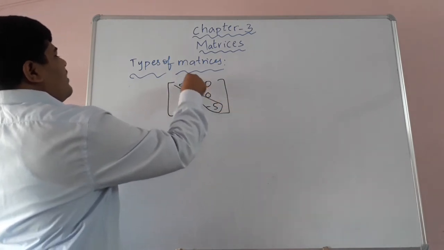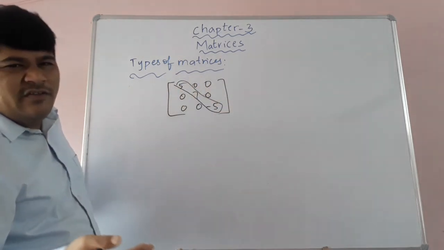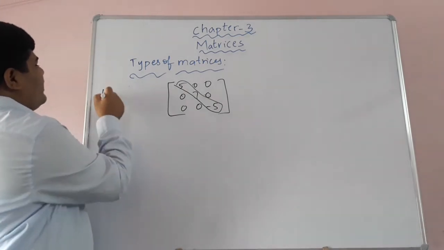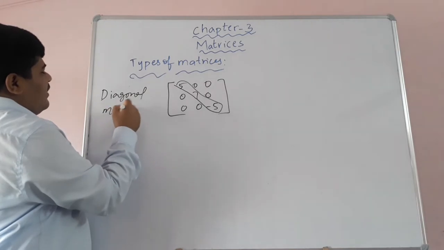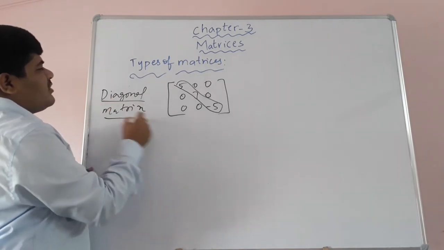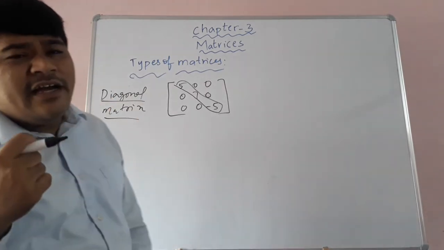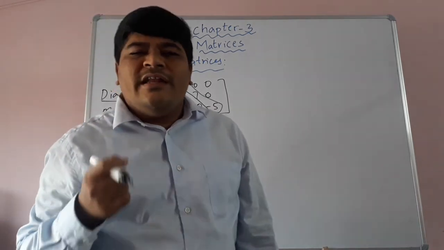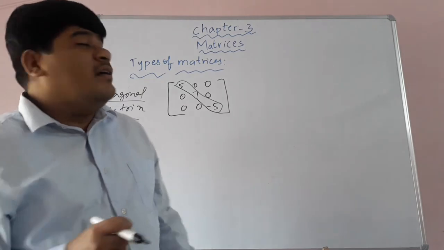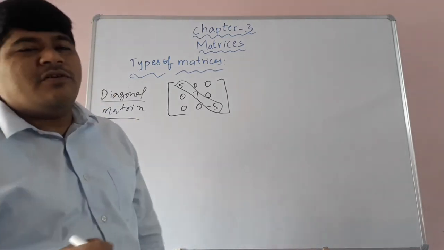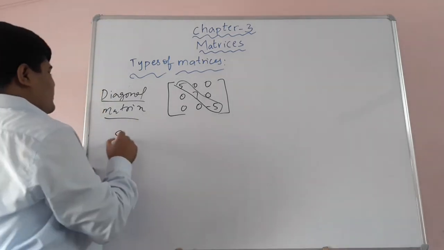Principal diagonal elements are not zeros, the remaining all elements are zeros. So this is said to be a diagonal matrix. So what is the diagonal matrix, children? If each non-diagonal element in a matrix is 0, then that is said to be a diagonal matrix.